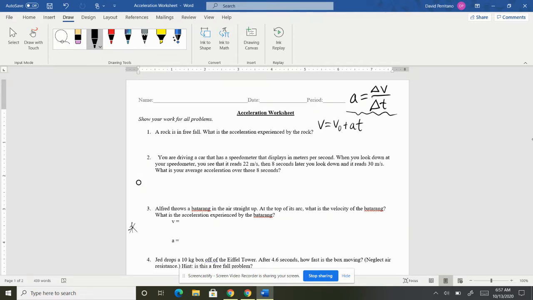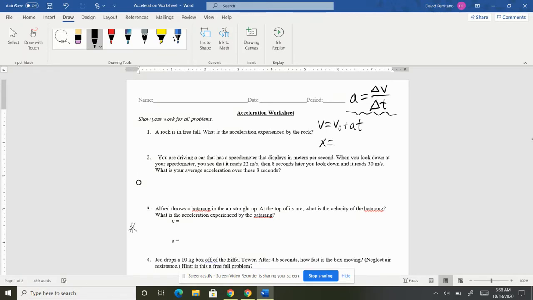So that would be, if you know how fast you start, your acceleration, and how long you're accelerating, you can figure out the final velocity. The other one had to figure out how far something went or where something's at, and that equation looked like this.